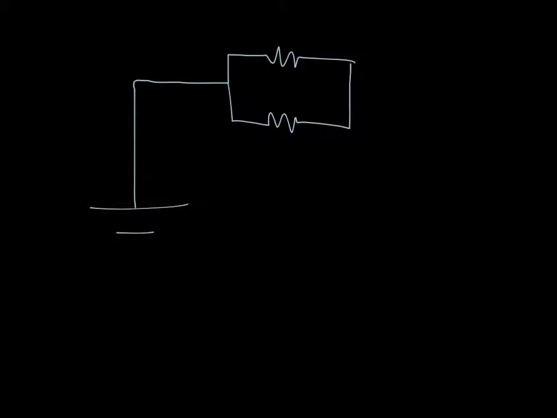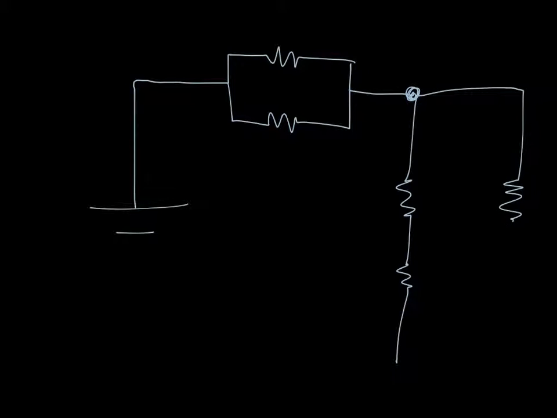So let's say we've got a battery. Out of the battery, it splits right away. From there, we have a resistor here and here. Another one right here.